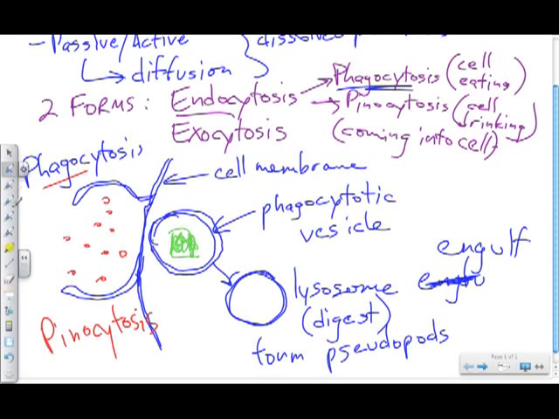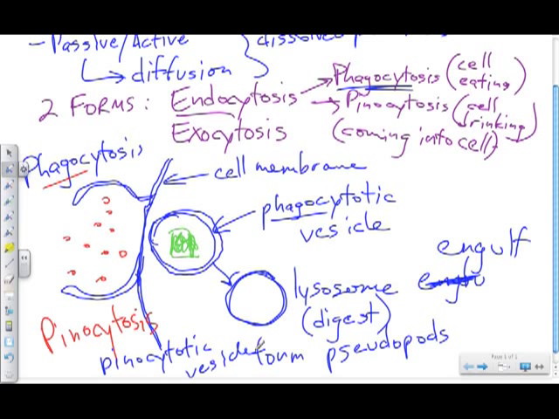engulfing these particles and then forming not a phagocytotic vesicle, but a pinocytotic vesicle. So cells will bring things like cholesterol molecules into their cytoplasm for where they're needed.